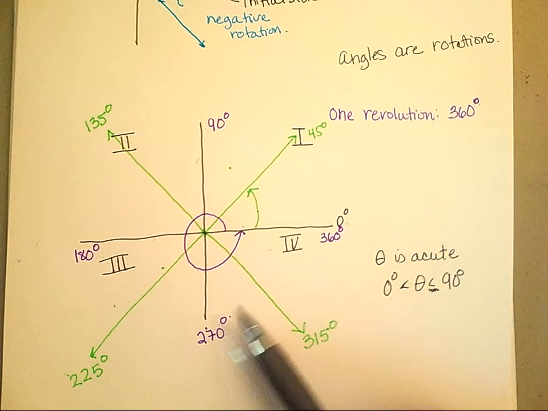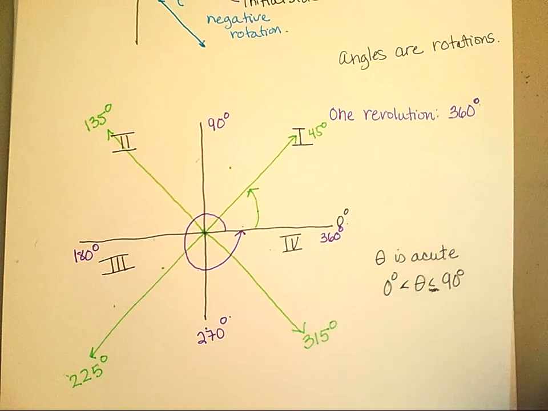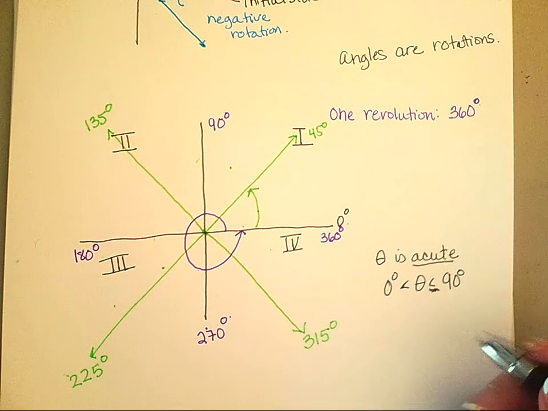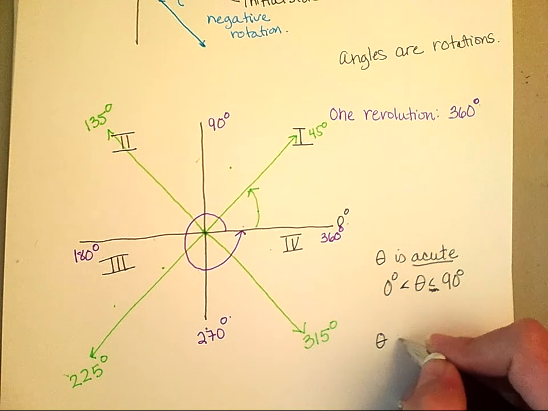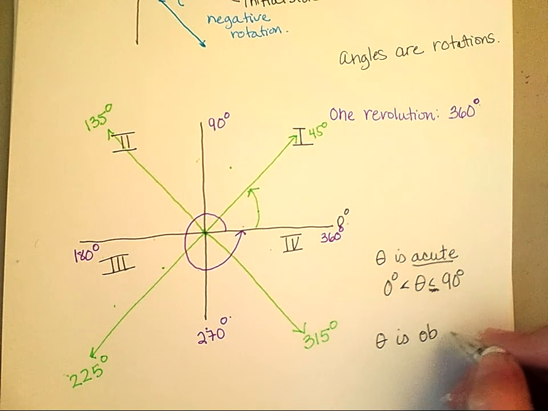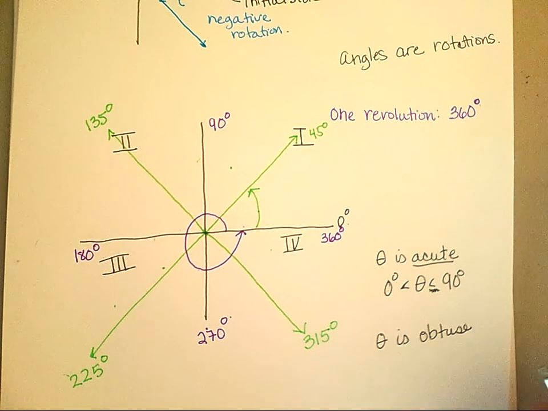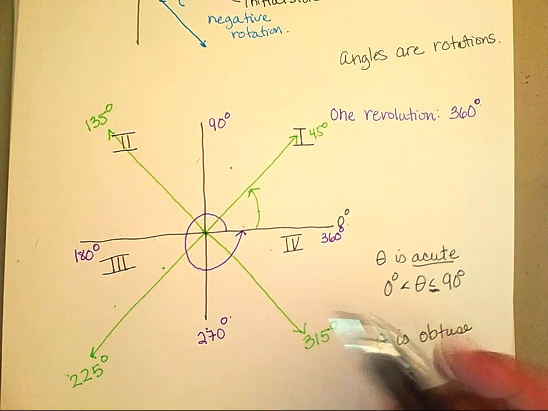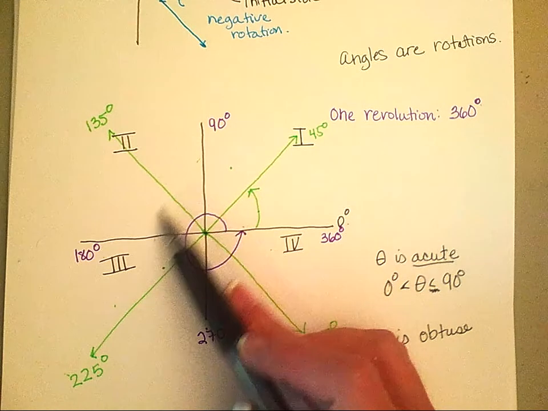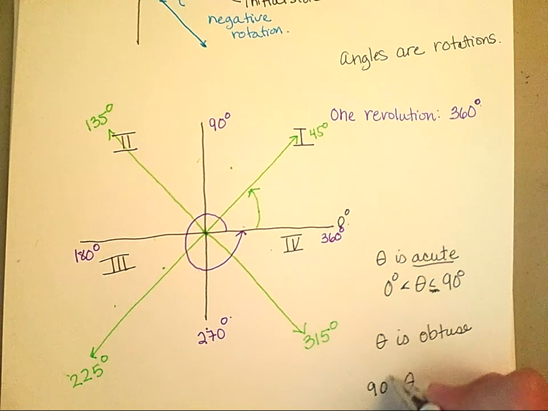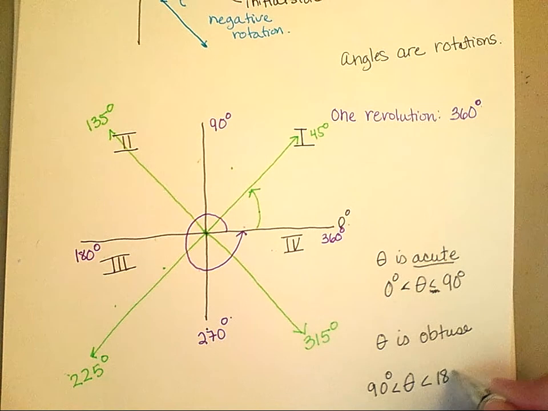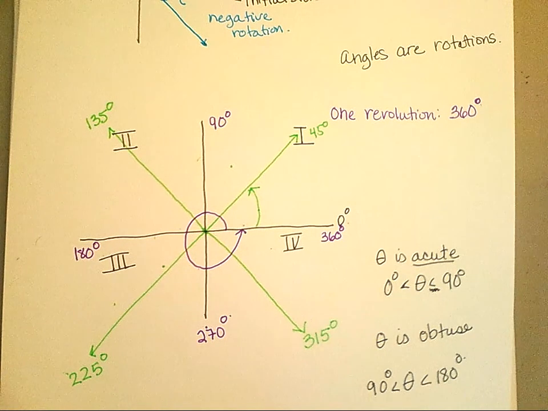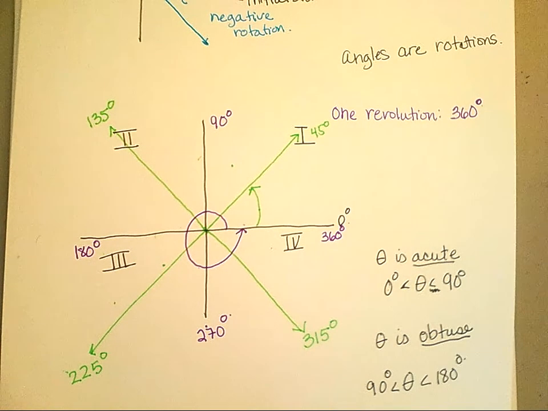The angle of 360 degrees is I go all the way around once. So acute. And we can also say that an angle is obtuse if that angle now falls in between 90 and 180. Okay, so these are some terminologies and some basic setups for us.